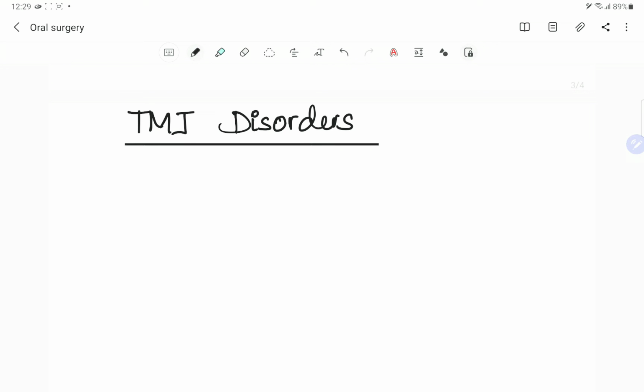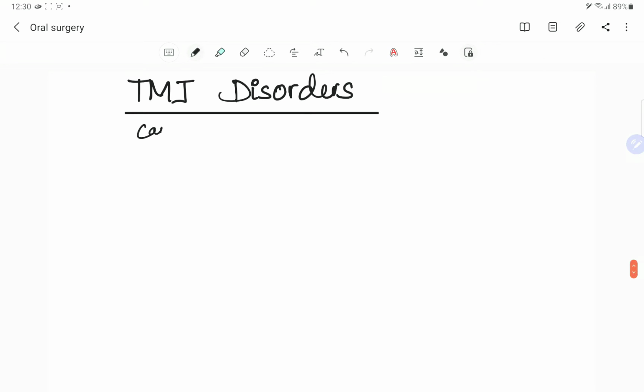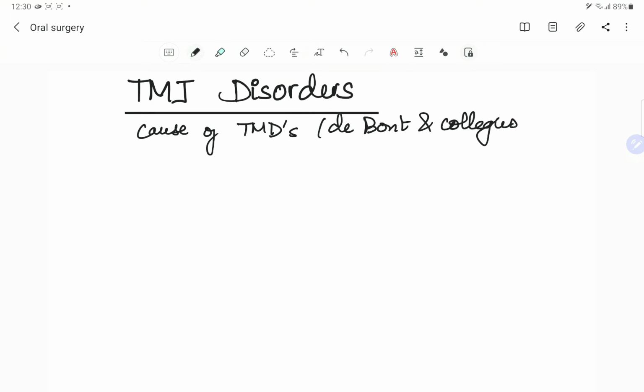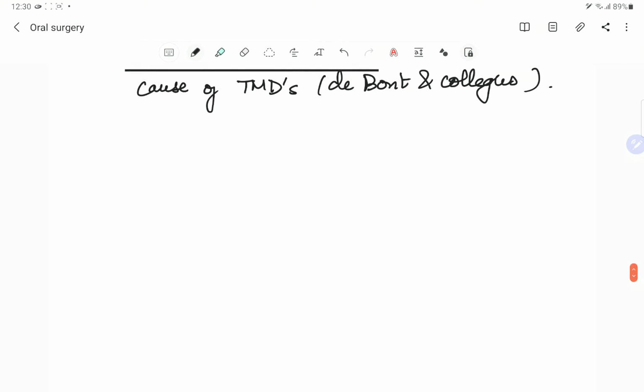So, these are the disorders which are associated with abnormal temporomandibular joint functioning. Based on the cause of the temporomandibular joint disorders by de Bont and his colleagues, we can classify them as non-articular and articular. Non-articular is the one which is not associated with the joint.